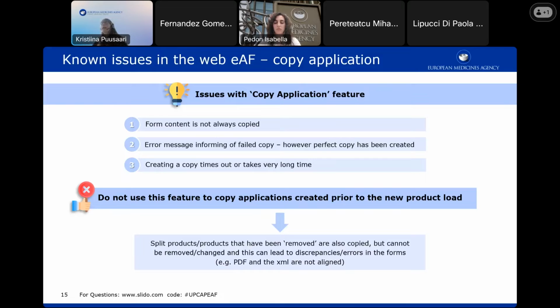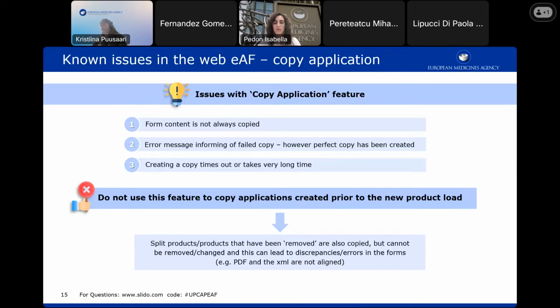So please do not use the copy application feature to create forms to be submitted in production if you have created these original forms prior to the new product load. So we really, really strongly recommend to create new application forms after the product load.